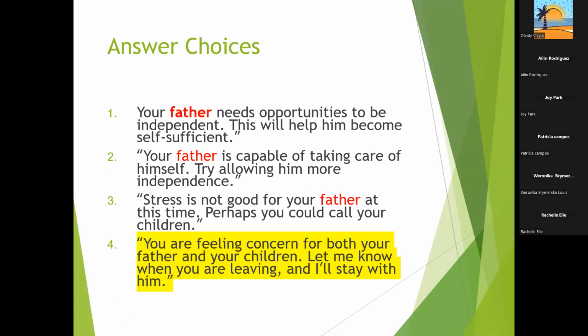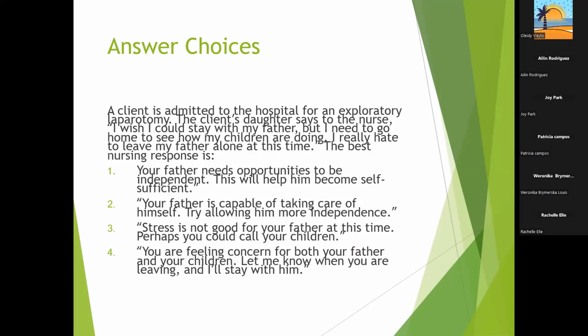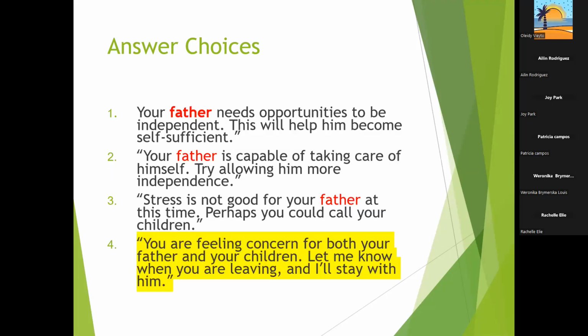Yeah, the patient. The father, the patient. Exactly. But was I asking you about the father? No. So by process of elimination, when you learn test taking strategies, 1 is wrong, 2 is wrong, 3 is wrong. Do you see how you're usually left with the right answer?